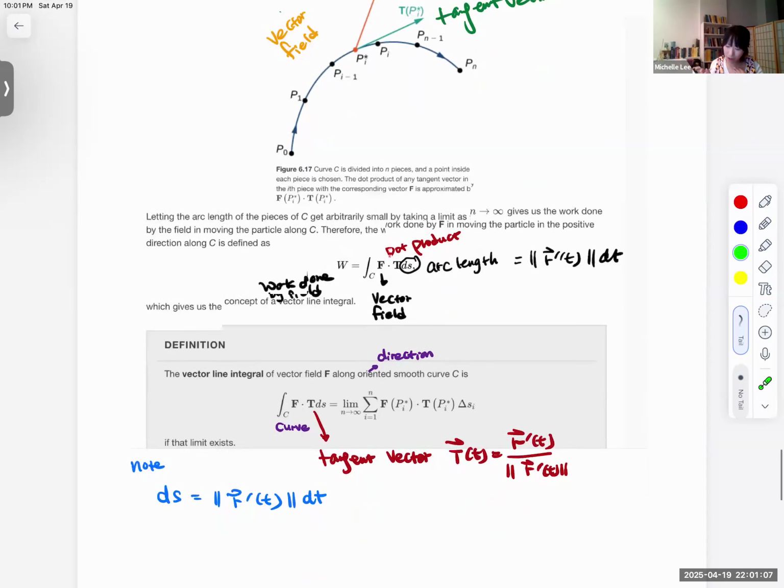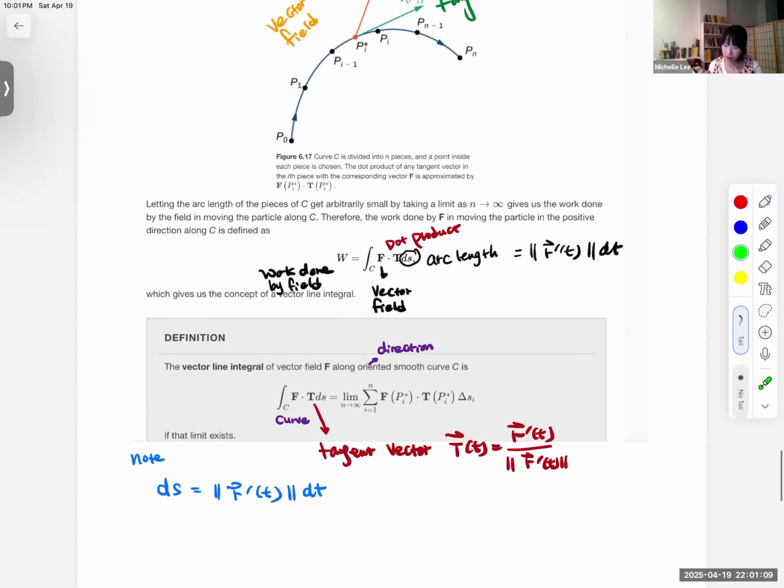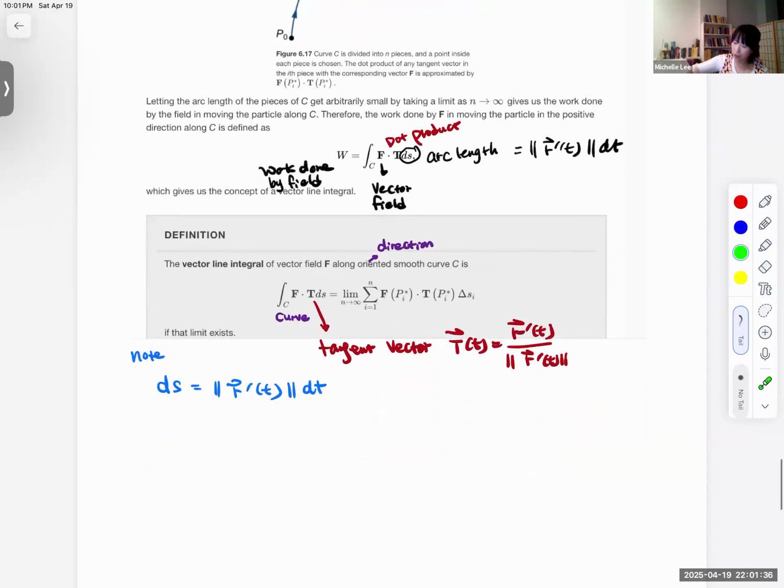Okay, now the definition saying integral over C of the vector field dot product with the tangent vector ds. And then we are using a Riemann sum, and then we have an expression there, right? Now let me start with that formula.